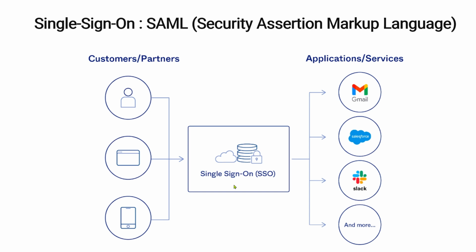Consider this example, which I have shown on the screen. Imagine you want to access Gmail, Salesforce, Slack, and some more different applications via different devices like PC, laptop, browser, mobile. Instead of logging in separately for each, you log in once via the SSO portal. This is the single sign-on portal. You can log in to it like your company's login system.